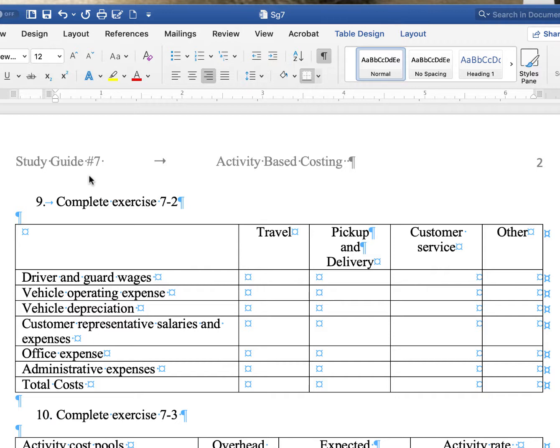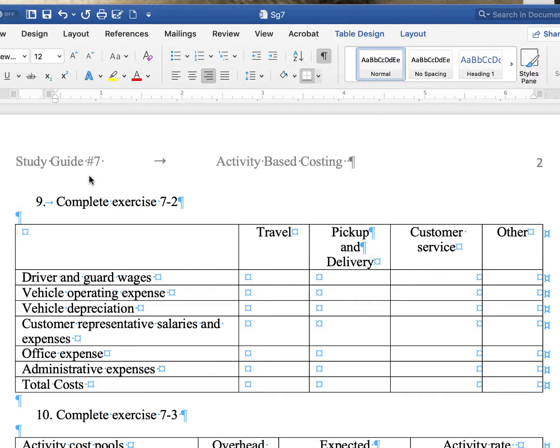Costs that total up to $1,630,000. Then underneath that it says the distribution of resource consumption across the activity cost pools is as follows. So they did the interviews and talked to, maybe, the supervisor of the garage and said, "How much of your driver and guard wages are consumed by travel?"